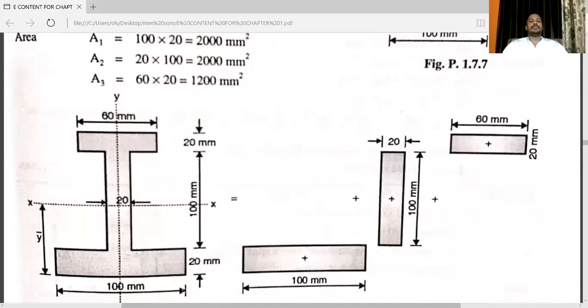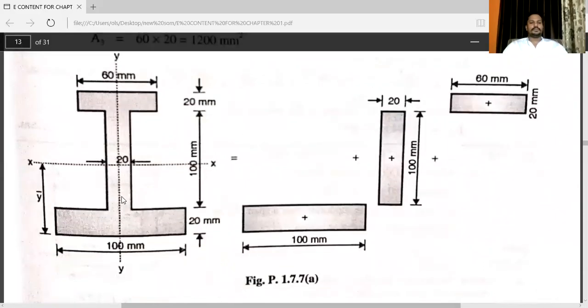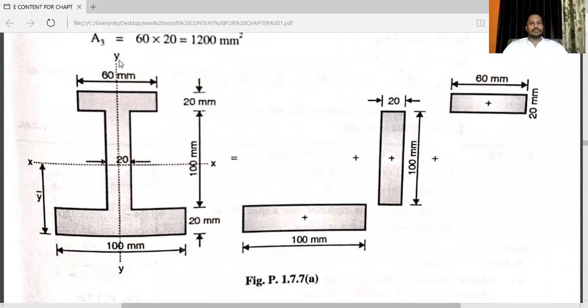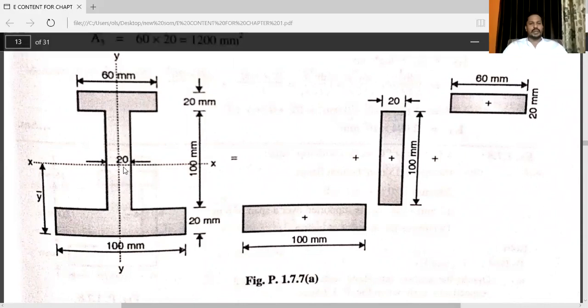Then x bar will be 0. You can see the x bar is 0 because the diagram is symmetrical about this y-axis. So in this diagram, we have to calculate only y bar.